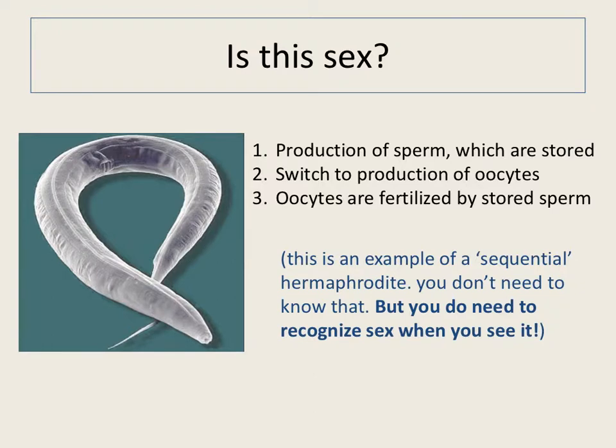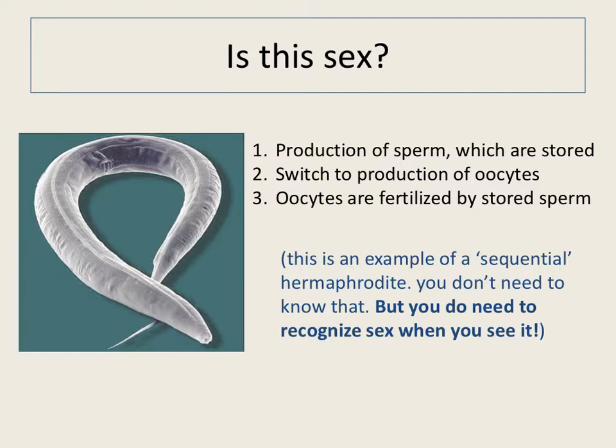Okay, this is a roundworm. It produces sperm. It stores the sperm. It then switches production, and it also produces eggs. And then the eggs can be fertilized by another roundworm sperm and vice versa. Or if there's no other roundworm around, they can actually use their own sperm to fertilize their own eggs.